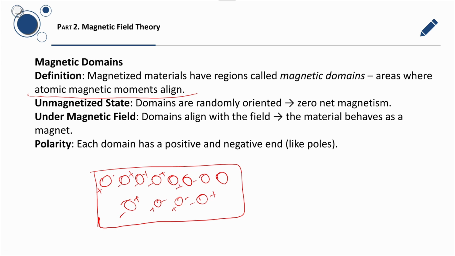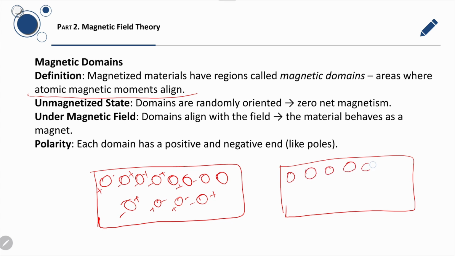Now, if you introduce an external magnetic field, it's like a drill sergeant arriving. These domains then start to align themselves with the applied field. When they align, the material suddenly behaves as a magnet.